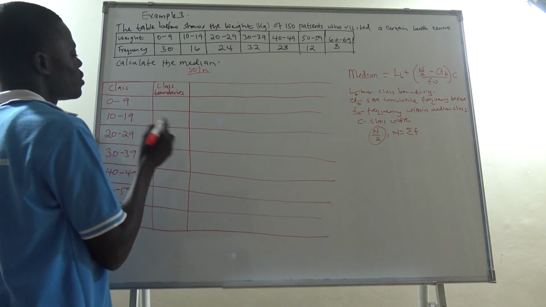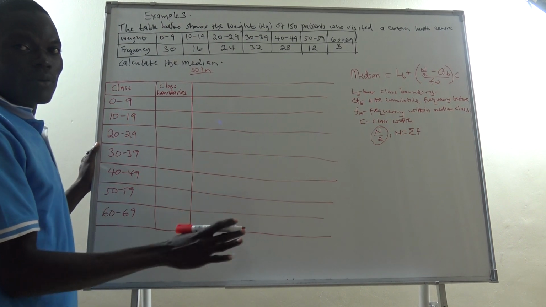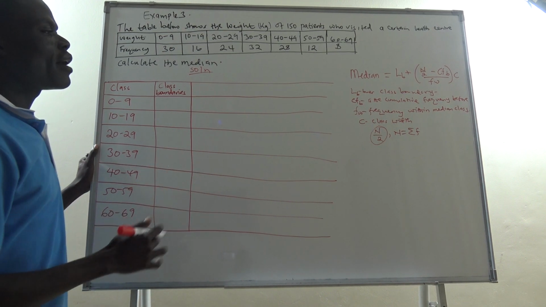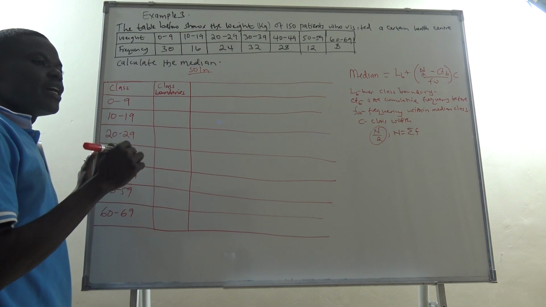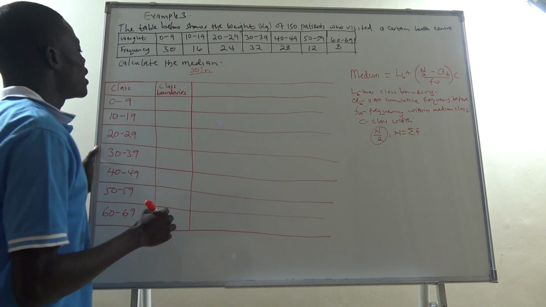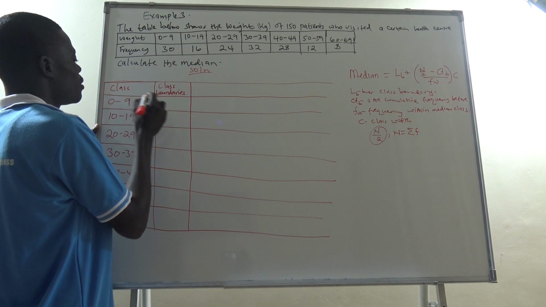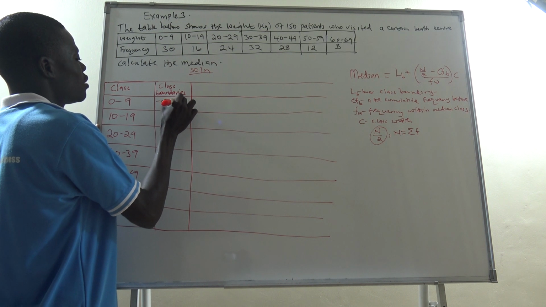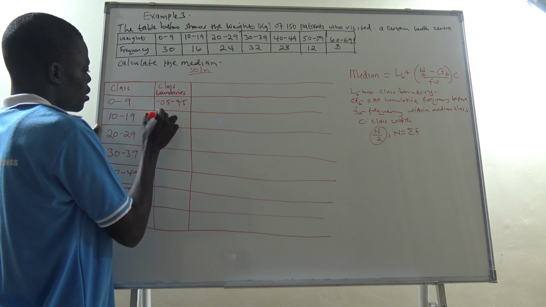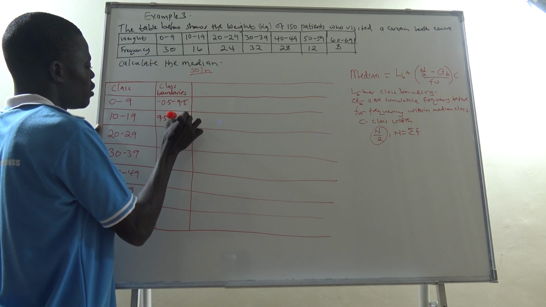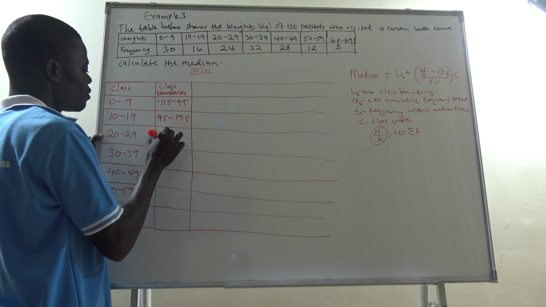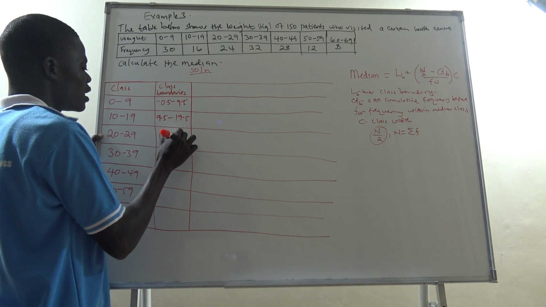But for my case, I will start with what we are calling class boundaries. For this type of data, we subtract and add 0.5. But for data with decimal places, we subtract and add a value with one decimal place more than the one given in the data. So here this one will be from negative 0.5 to 9.5. Then this one will be 9.5 to 19.5 after subtracting and adding. Then here also you get 19.5 to 29.5.